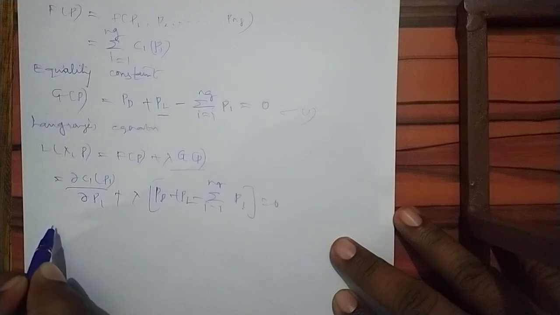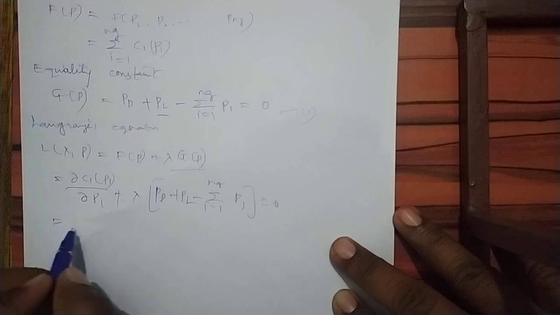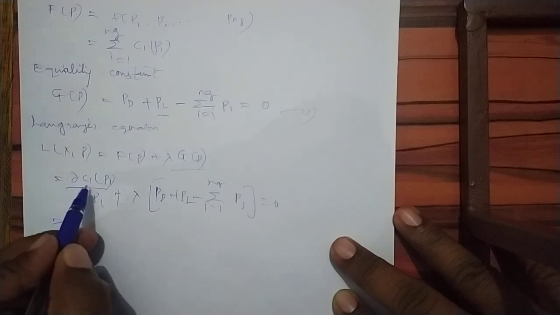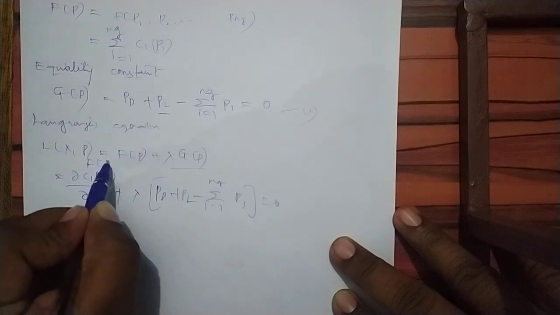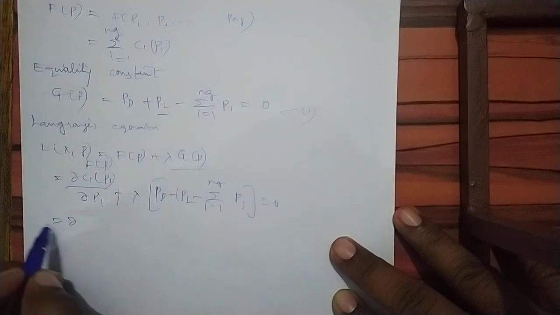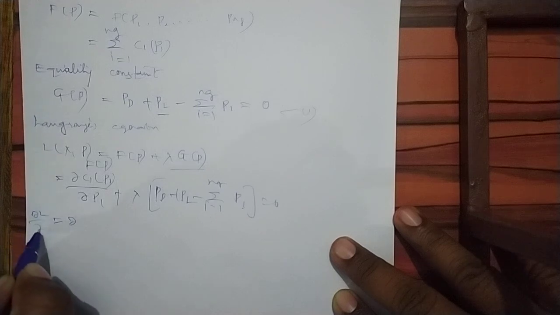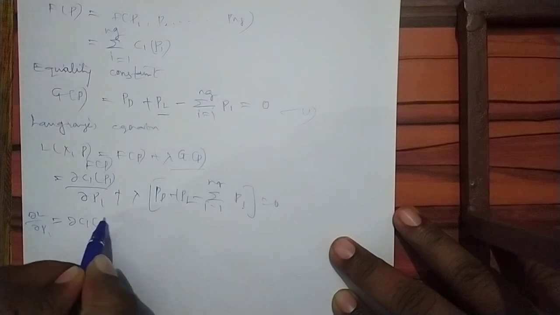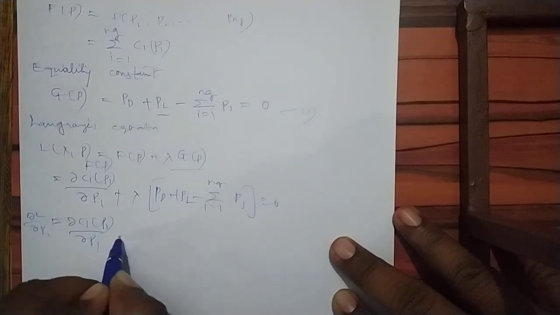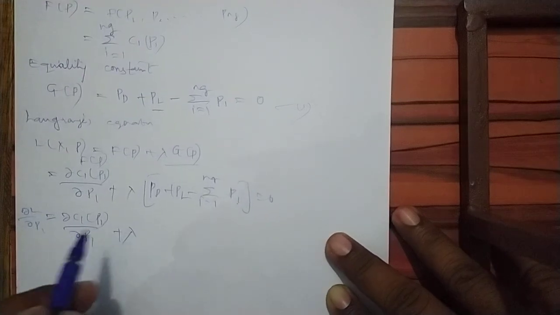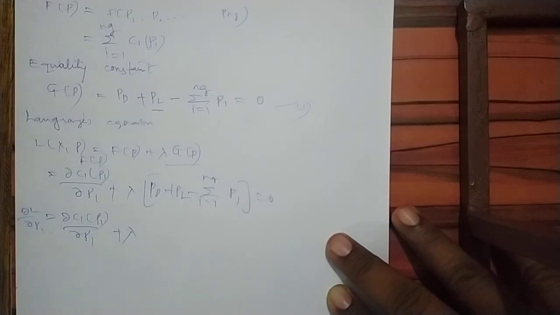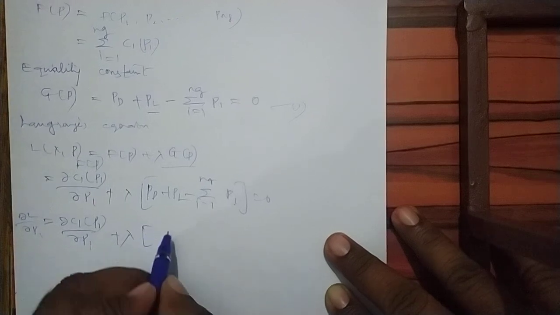So differentiation of this with respect to P1, see this, you can write F of P here. So differentiation of this one, dou L by dou P1 is dou C1 by dou P1 plus lambda. The partial differentiation of PD is 0 because it's a constant.